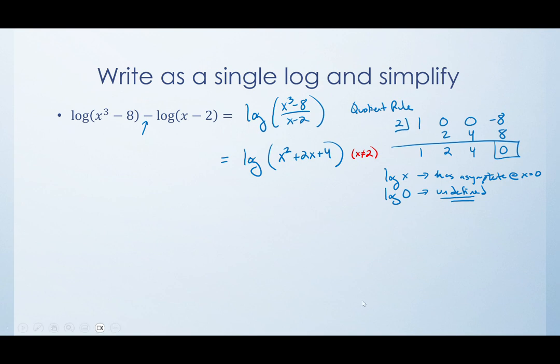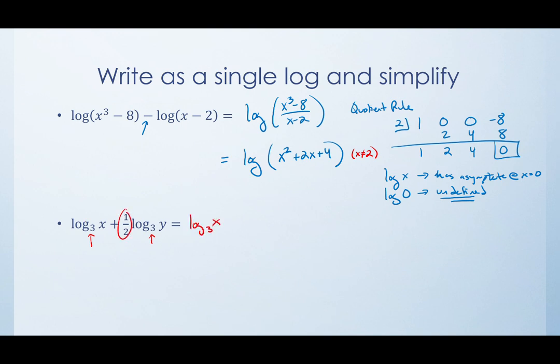So what about the next problem? We've got log base 3 of x plus a half log base 3 of y. When we're combining these, our bases have to be the same. You can't combine logs if they don't have the same base. Second, before we can use the product rule, we need to use the power rule.